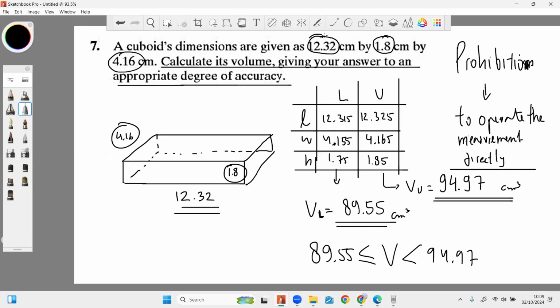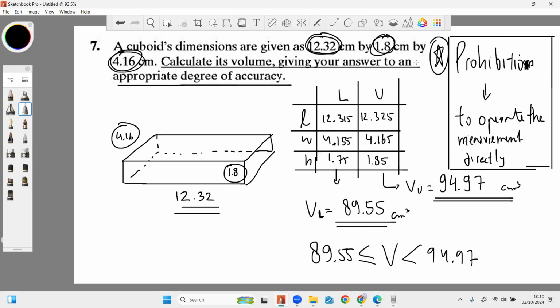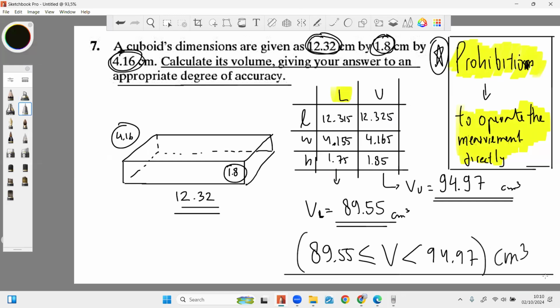For example, you just multiply 12.32 times 1.8 times 4.16. That's totally prohibited. Wrong. You need to change it first to either lower or upper. Take notes here. This is the important part. The prohibition is you multiply directly. No, cannot at all. You need to convert first from the measurement to the lower and upper. Cannot do that at all costs for every question regarding degree of accuracy. Oh, unit, thank you. The unit is cm cube.